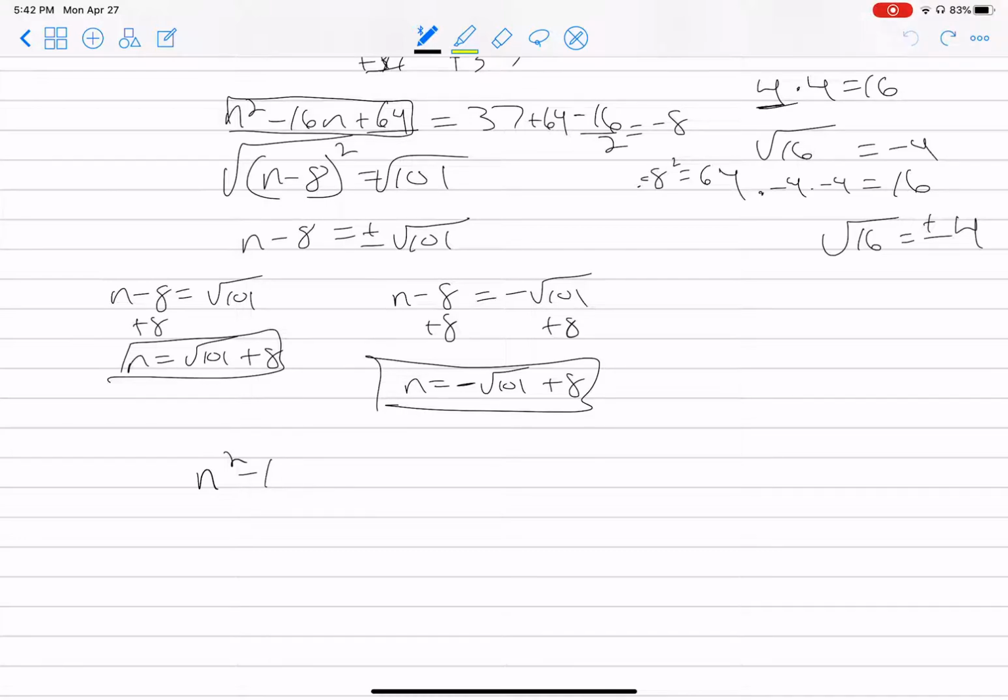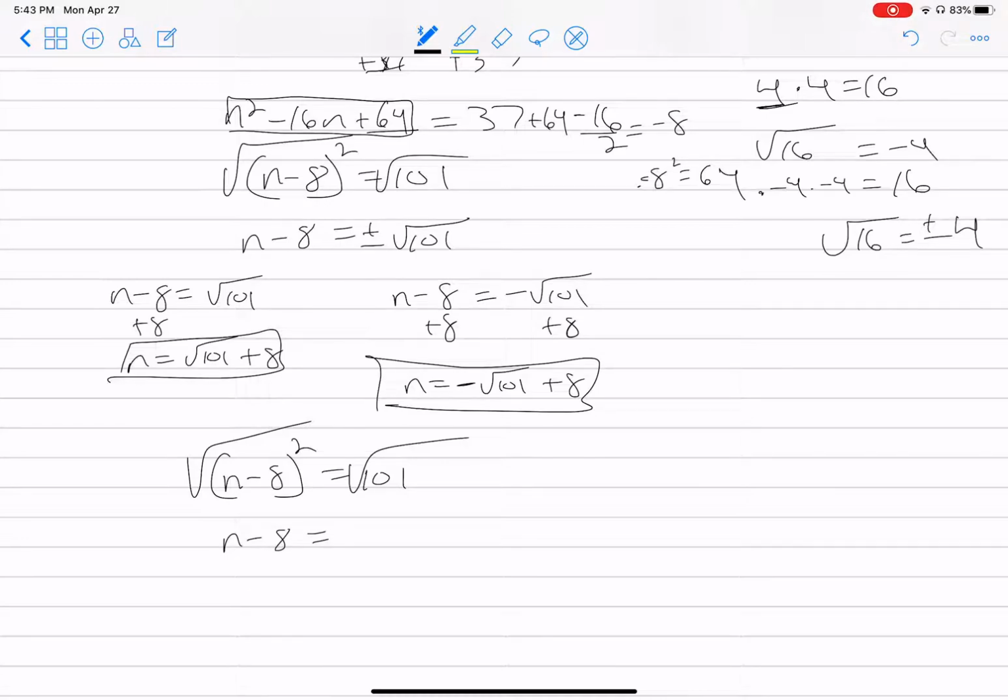Oh, let me not skip to there. Or let me skip past there. When you got to here, n minus 8 squared equals 101. You took these square roots. You said this was n minus 8, and you did the square root of 101.